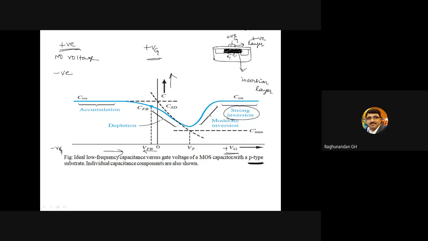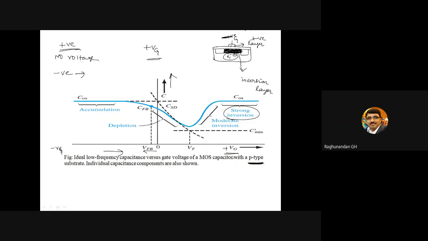So when you have minus Vg, what kind of charges will accumulate here? Initially electrons accumulated. Now what kind of charges will appear when I give negative voltage? Holes, sir. Holes. That is positive charge.